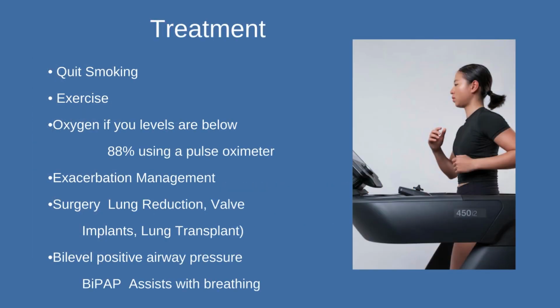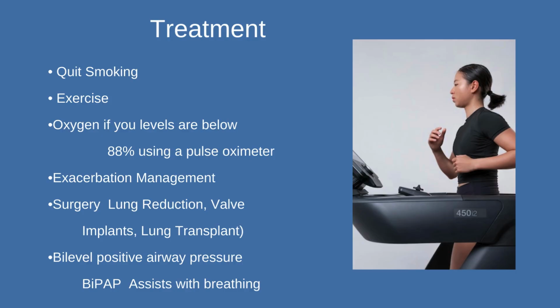Treatment and management of COPD. Number one, quit smoking. That's the number one priority for anybody who is continuing to smoke while they have COPD. Number two, exercise helps to improve vascular flow and the efficiency of delivering oxygen to your body. Number three, making sure that you have adequate oxygen levels in your system. If you fall below 88%, you're able to get supplemental oxygen delivered.